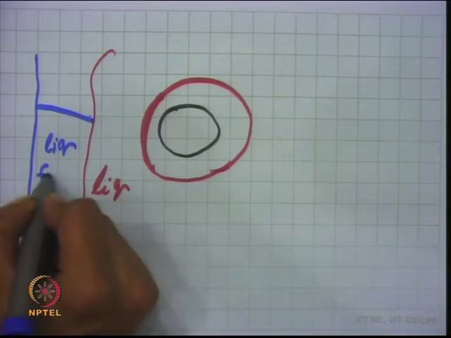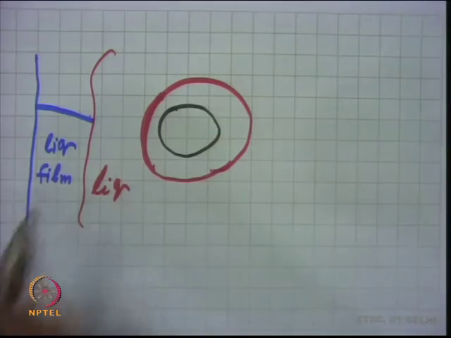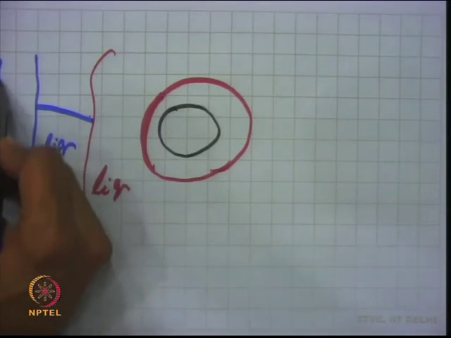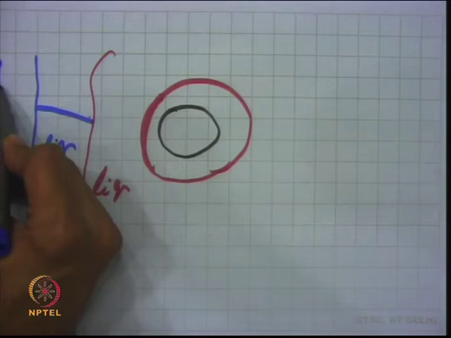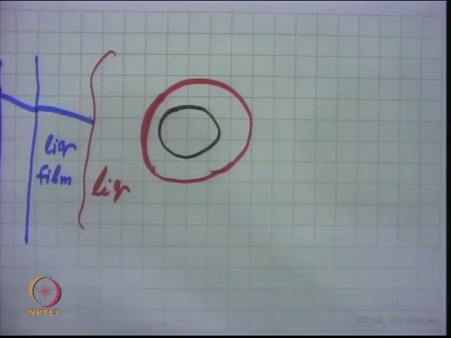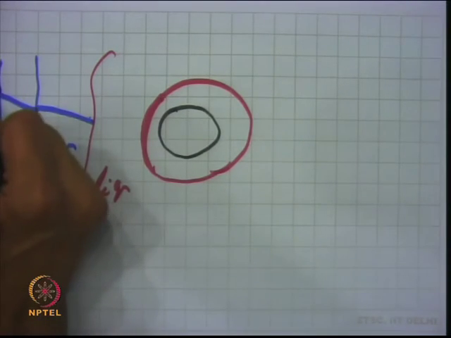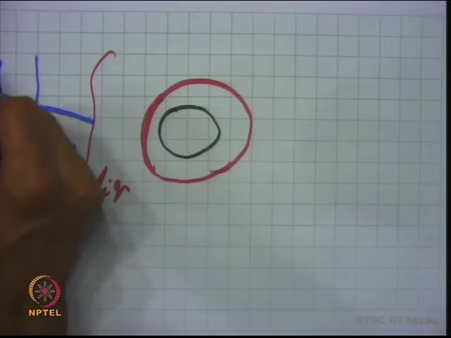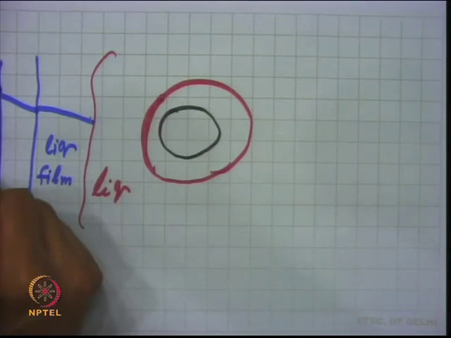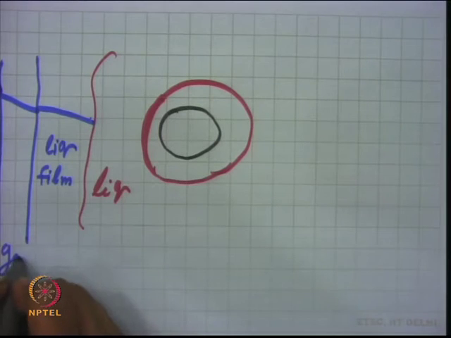Then there is a film of the gas. Gas comes from here to here, and this is the bulk gas.